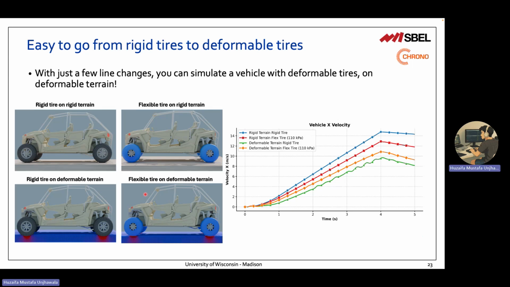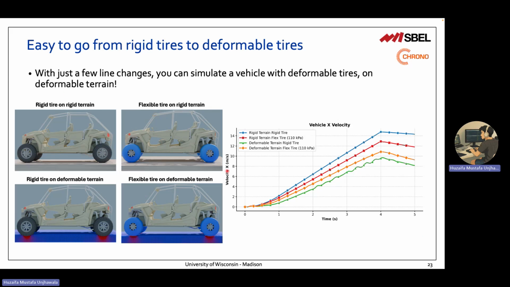Okay, the other benefit is that you can now do deformable tires on deformable soil, because Chrono has an FEM module, and we have ways to communicate between flexible solid and CRM terrain. So you can do that, and we'll have another example where we just switch on a flag and go from rigid tires to deformable tires on a CRM terrain.